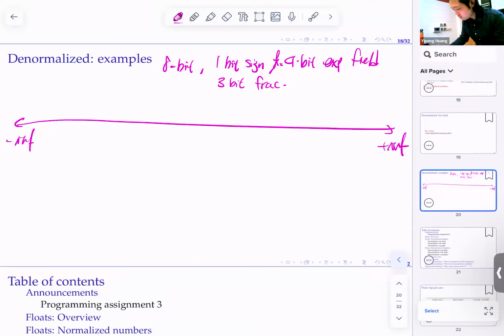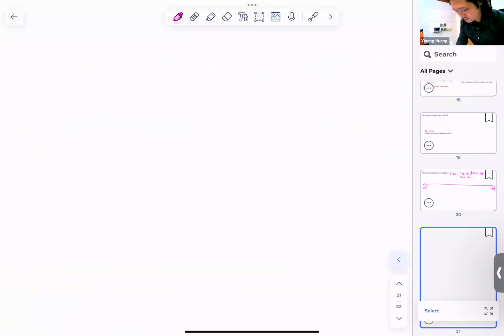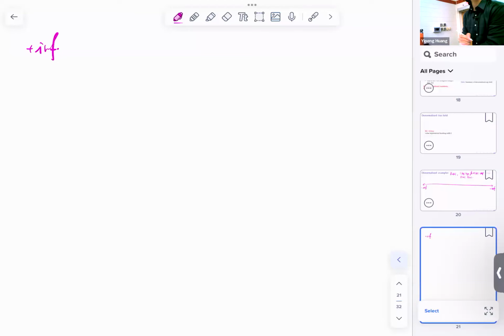So how would we encode positive infinity? This is the number we're trying to represent, positive infinity. And in this format, how would we encode positive infinity? So step by step, how do we think about this?